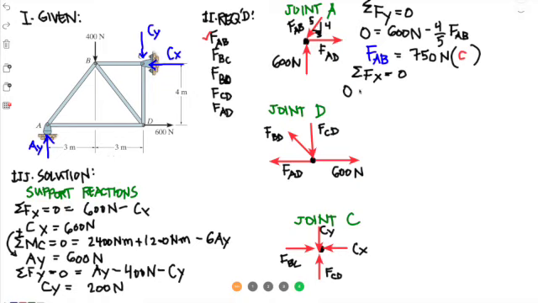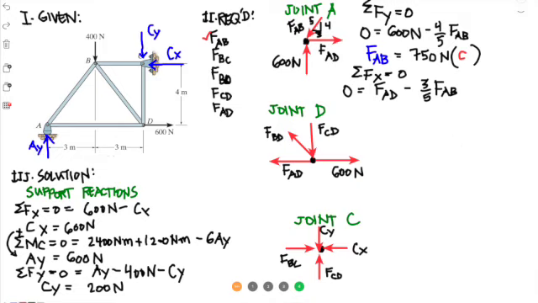So 0 is equal to FAD going to the positive direction minus the component of FAB, which is 3/5 of FAB, or 3/5 of 750, that would be 450.